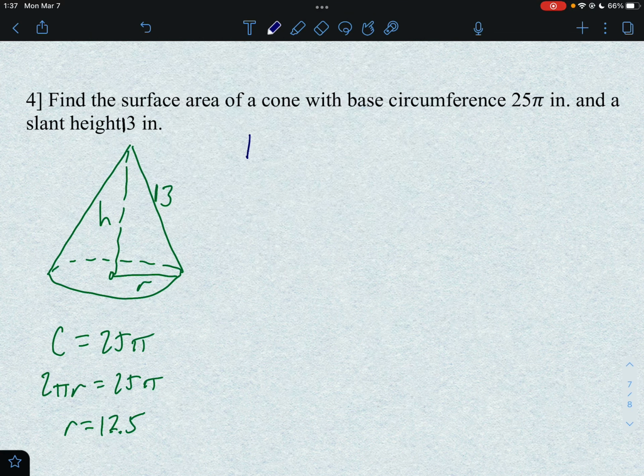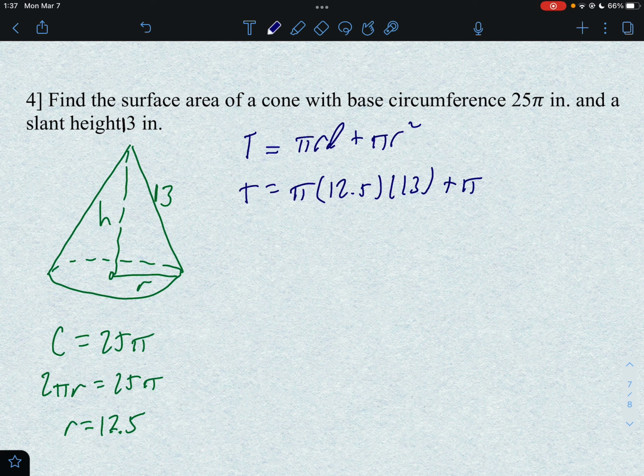So total is going to be pi r L plus pi r squared. It doesn't tell us to round or exact this one, so let's just round this one to the nearest hundredth, which means we could type this all into our calculator at once.